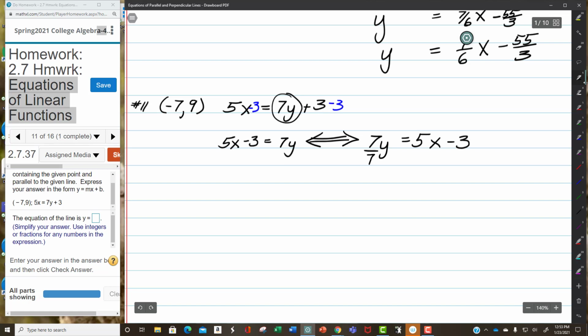Now we divide by 7 on every term. So our slope, which is all we really care about, is going to be 5/7. Let's write it over here.